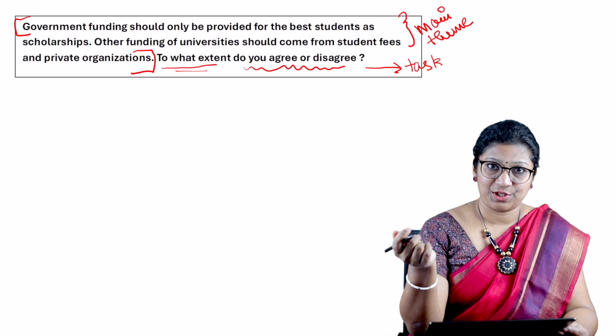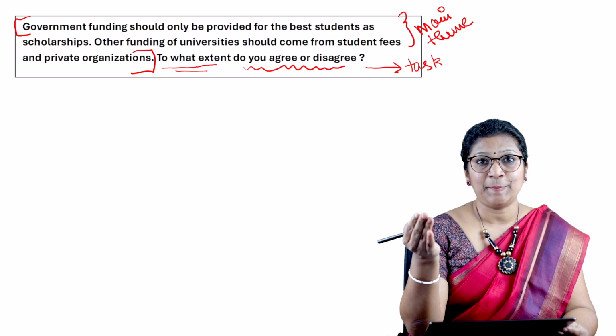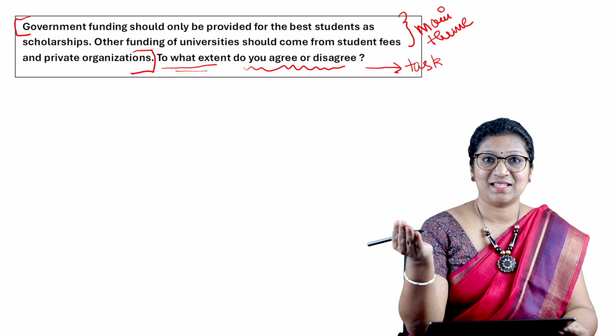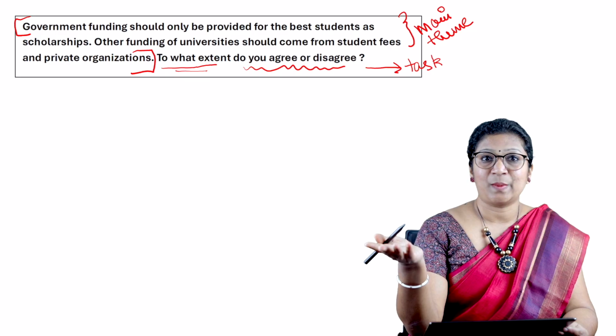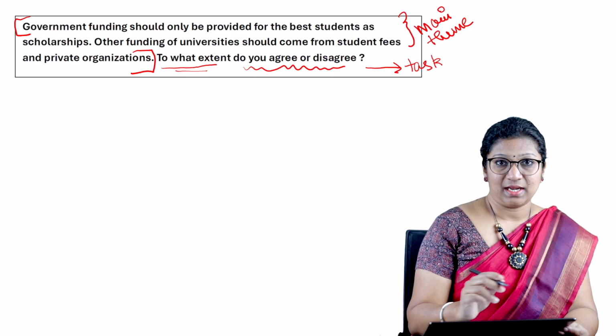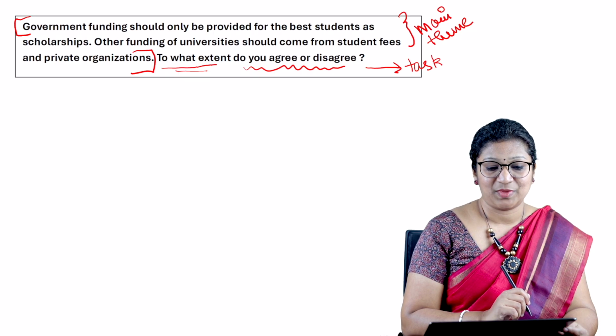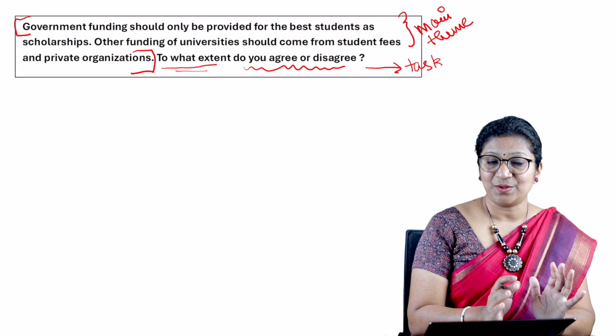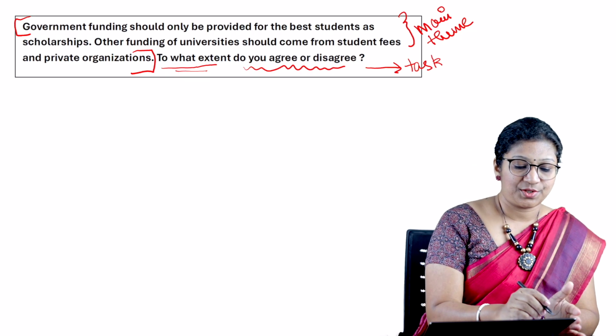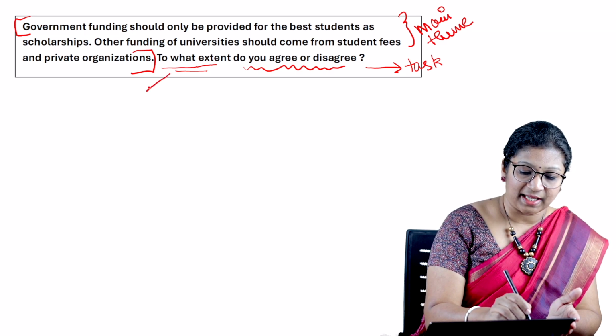Now, by how much, you can write this answer in 3 different ways. This is what we normally discuss here with our students. Number 1, you can have a strong agreement to the question. That is, whatever idea is given to you, you fully agree with it. So you have a strong agreement.